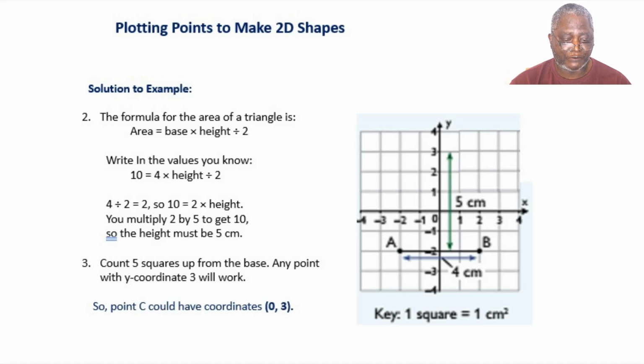You multiply 2 by 5 to get 10. So the height must be 5 centimeters. Then count 5 squares up from the base. Any point with y-coordinate 3 will work. So point C could have coordinates 0 by 3.